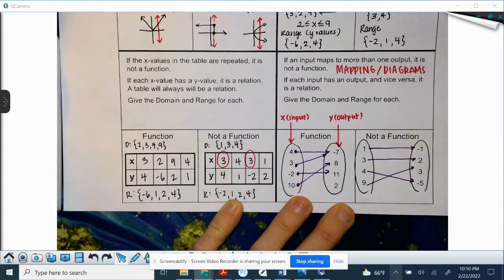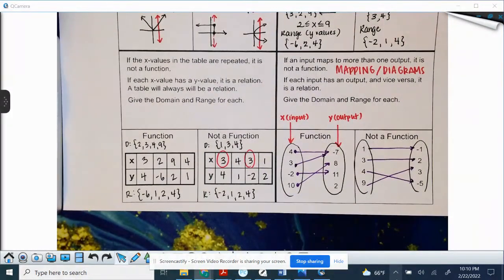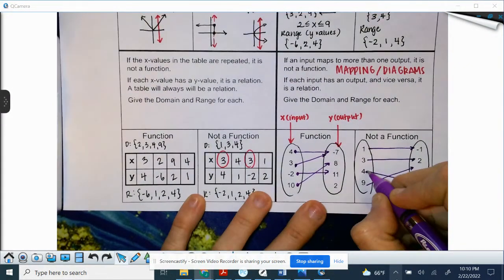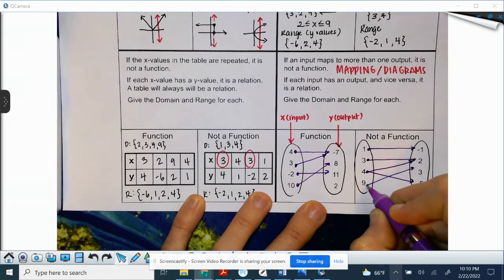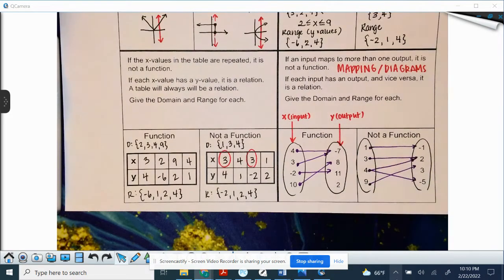Now, at that rate right there, it is a function. But as soon as I go from 4 and take it also to 2 or any other number, in that case, you see the 2 arrows coming away from the 4. So that means that 4 is used twice. That input value 4 would be twice. Then it is no longer a function. So the biggest takeaway is x cannot repeat.